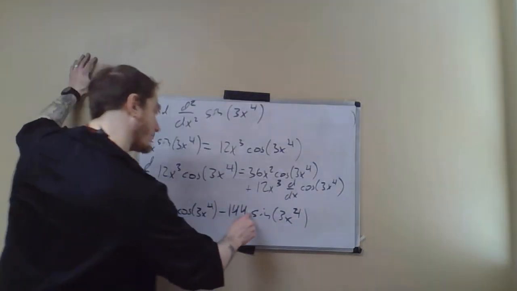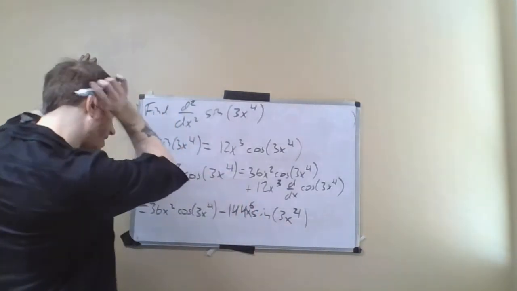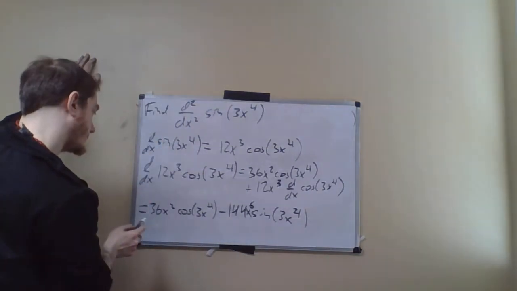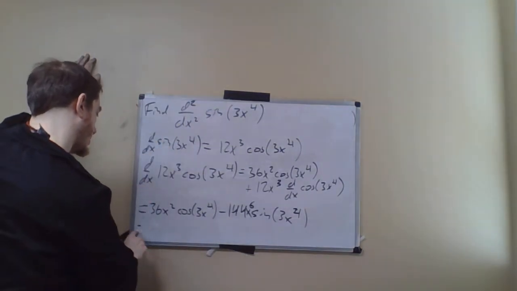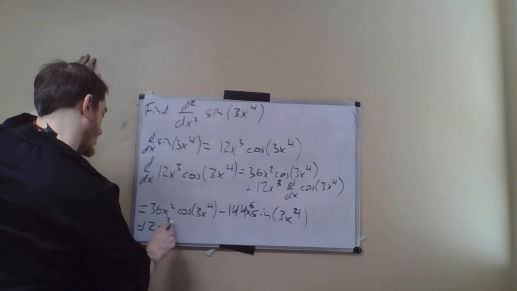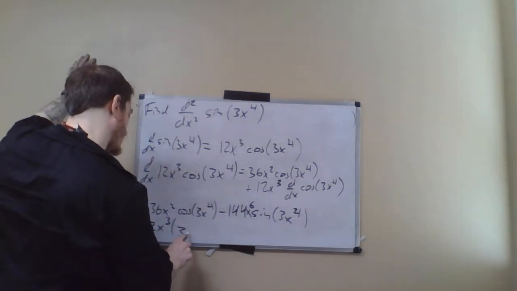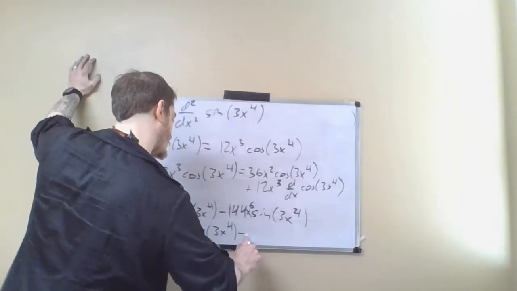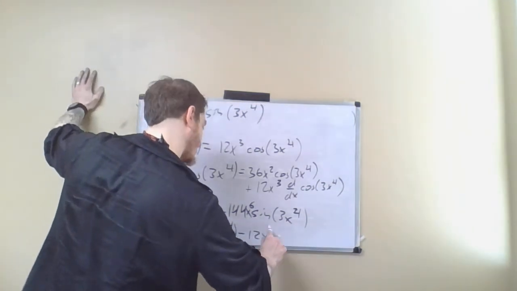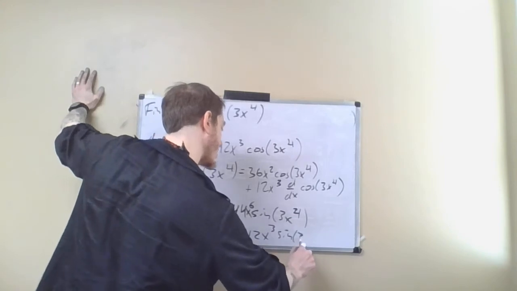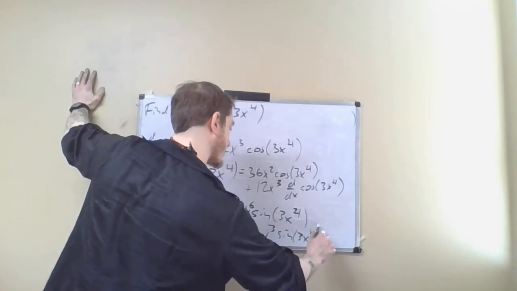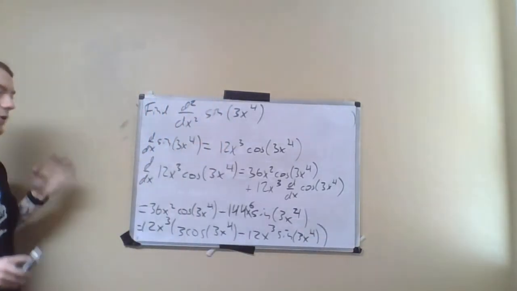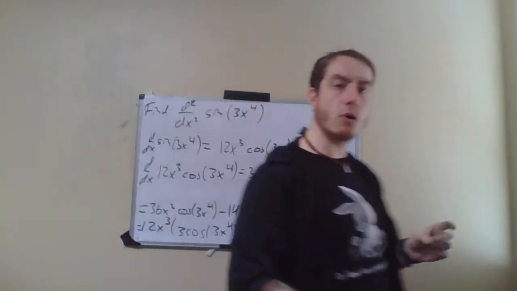So, I've lost an x to the sixth. We can actually factor out here 12x cubed times 3 cosine 3x to the fourth minus 12x cubed sine 3x to the fourth. Okay, so as you can see, this was a much more involved example.